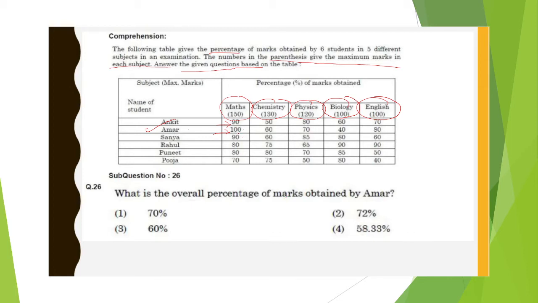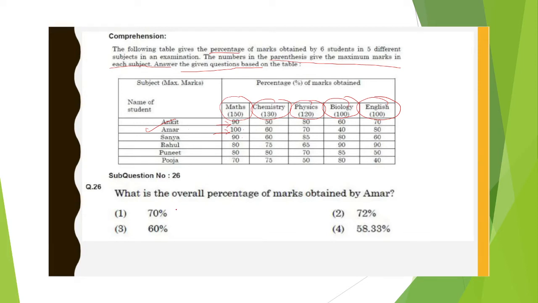Here marks are given in percentage, but we should not take the average of the percentages. First of all we have to find the marks, then we have to take the percentage.